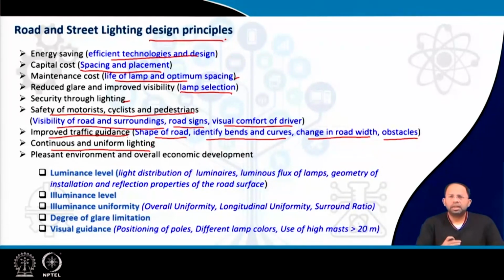In a stretch of road, the lighting levels should be uniform throughout, and at the same point of time, within that particular road, there should also be uniformity throughout its width. So overall, lighting should give a pleasant environment, and if I provide lighting in an urban area, it could also be related to the economic development of that area.